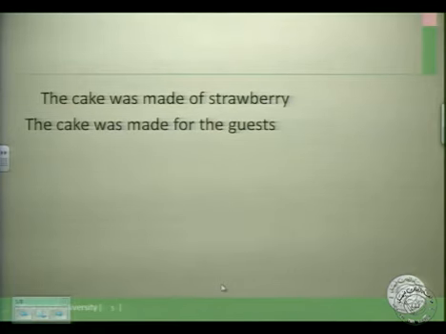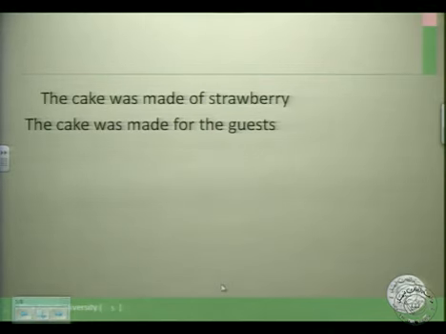Why? Probably because it is known for us who made the cake. We are, for example, on a trip, or we are a family in a house, and we already know who made the cake. So it's not necessary that we use the doer of the sentence.